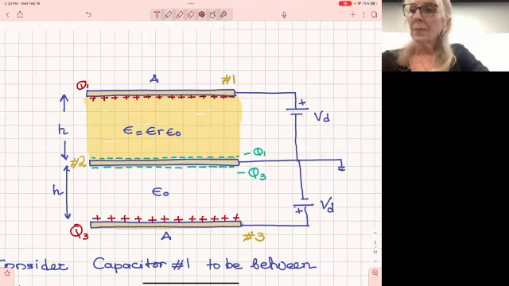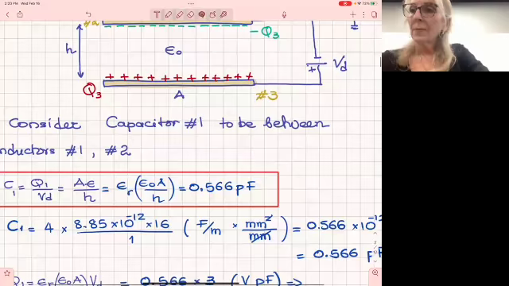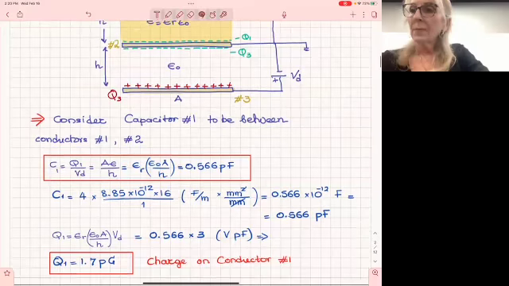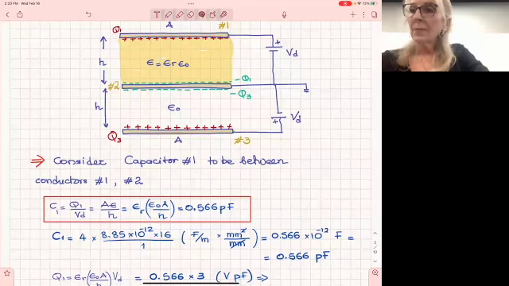So how are we going to find out the Qs? We found more or less how they're going to look, but now we have to calculate them. Okay. What do we know about the voltage and the capacitance? We know that the voltage relates to the capacitance, but the capacitance here is independent.